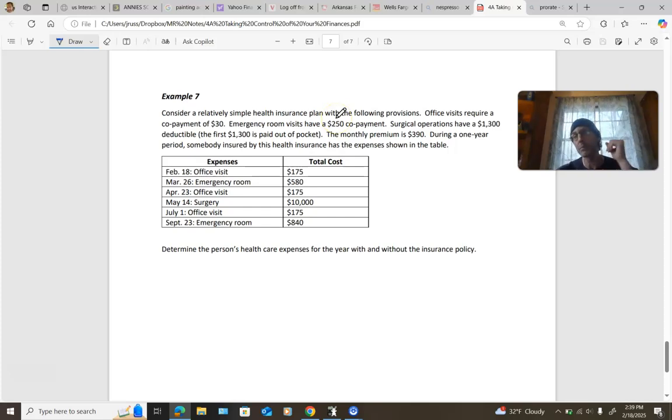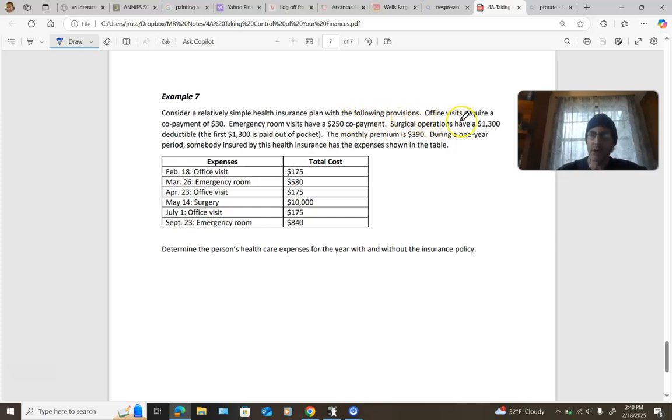And that's something else. Typically, emergency room visits have their own copayment. And also, typically with specialists as well, if you go to see a specialist, like a neurologist or a cardiologist, they have a separate copayment. Typically, it's a little bit more.